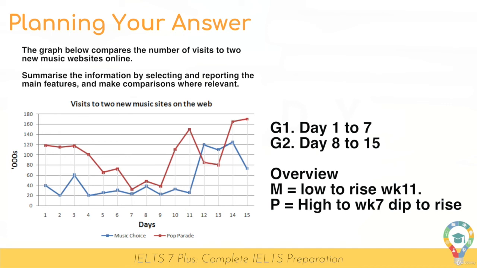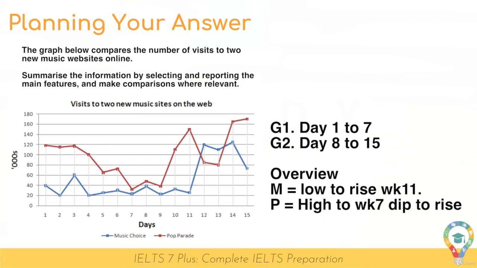So, let me explain what each part means. G1 and G2 means Group 1 and Group 2. In the next lesson, I'll show you the exact structure you need to write your IELTS Writing Task 1 answer, and having these 2 groups is very important.